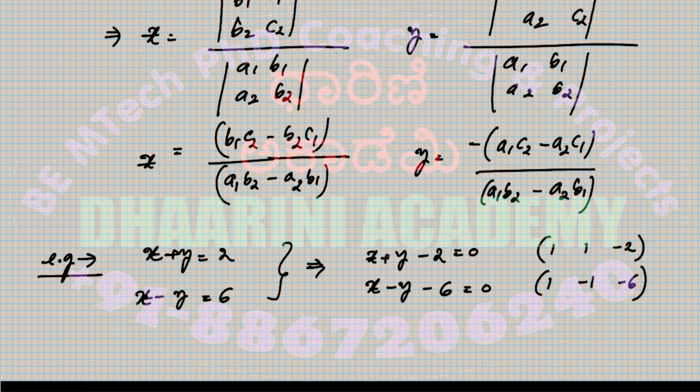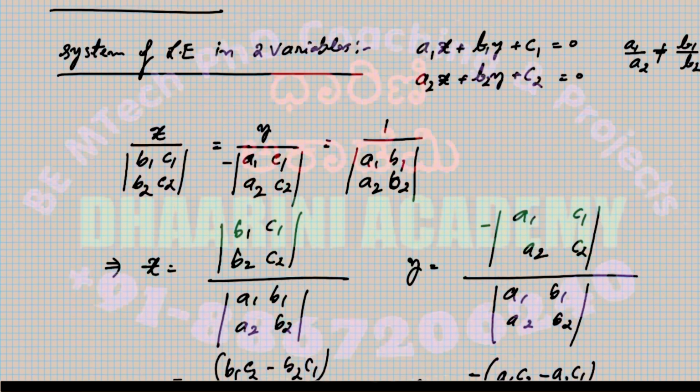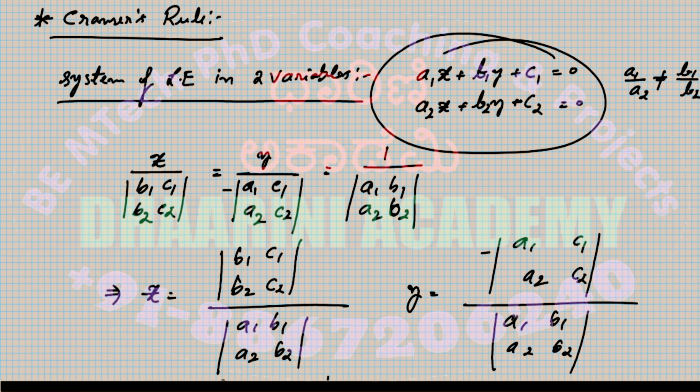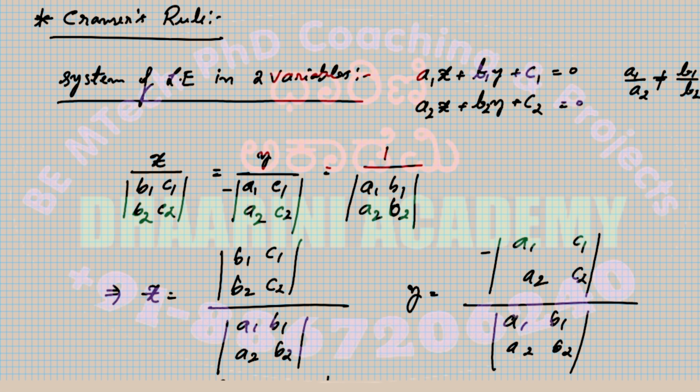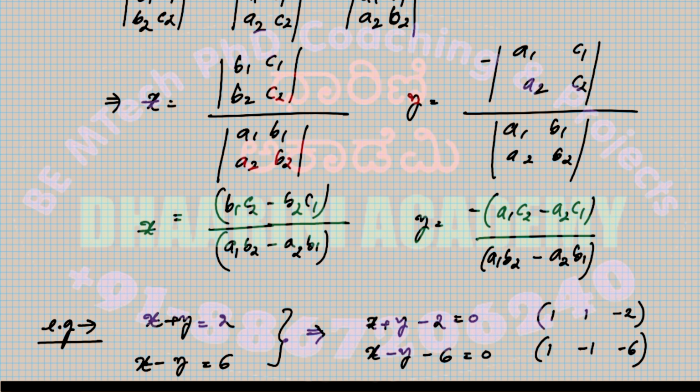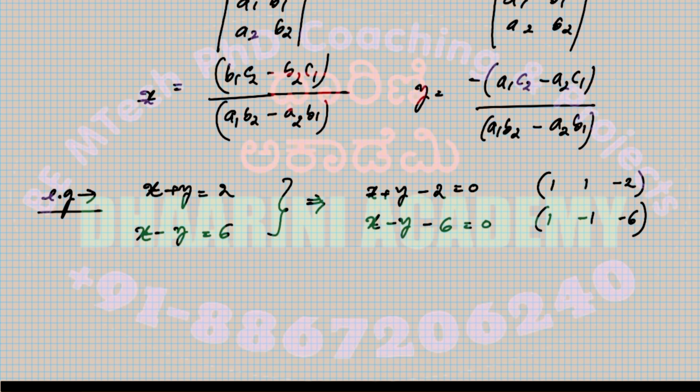Whatever coefficients we get in this form are a1 b1 c1 a2 b2 c2. Now I just have to check a1 by a2, 1 by 1, is not equal to 1 divided by minus 1. So that condition is satisfied, and I can proceed.